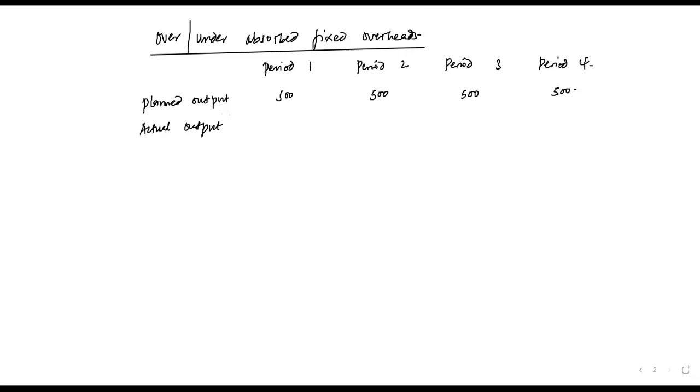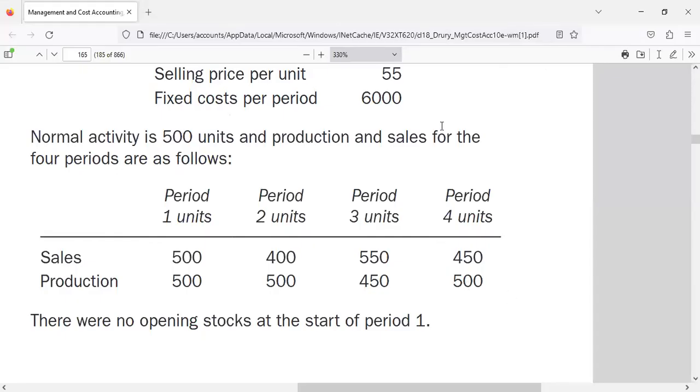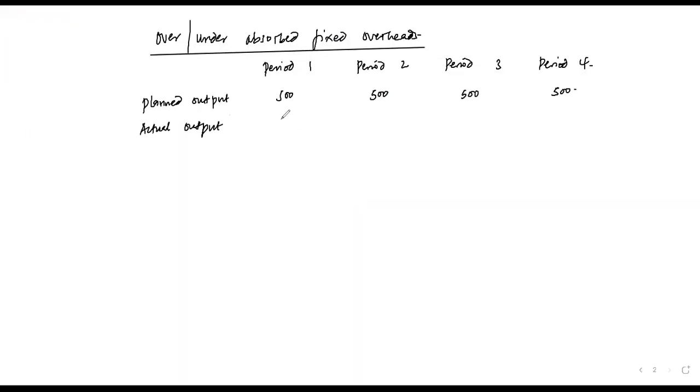Now the actual output, let's see the actual output. Period 1 it's 500, period 2 it's 500, then 500, 450, and then 500 in period 4.